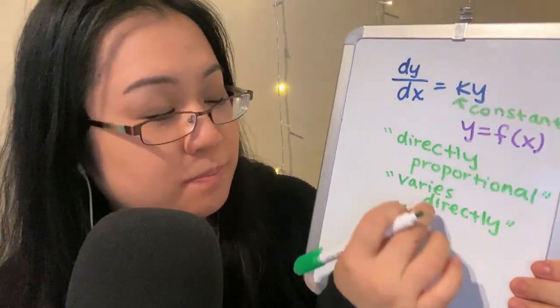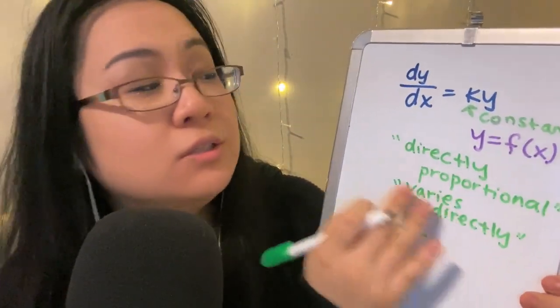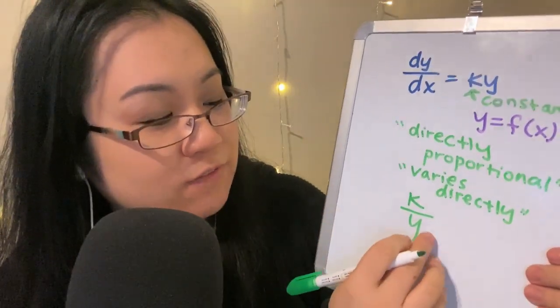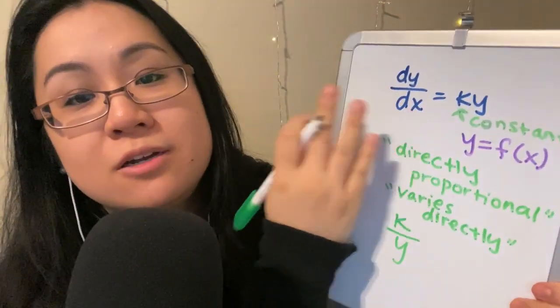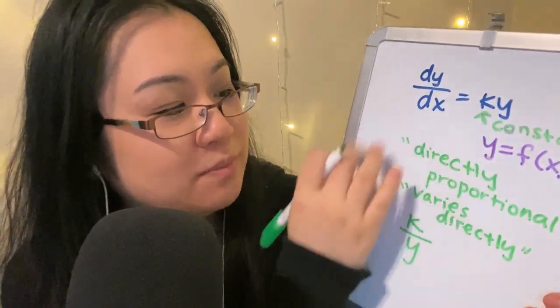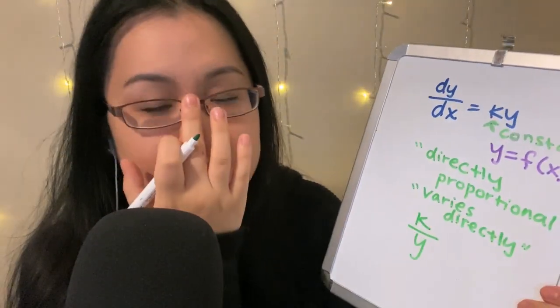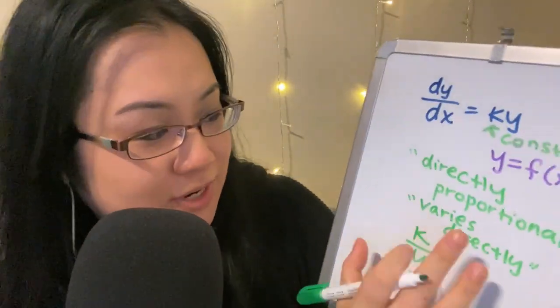So if this goes up, doubled, then this would be halved. If this were quadrupled, this would be quartered. So it's inversely proportional. This is all for multiplication, right?